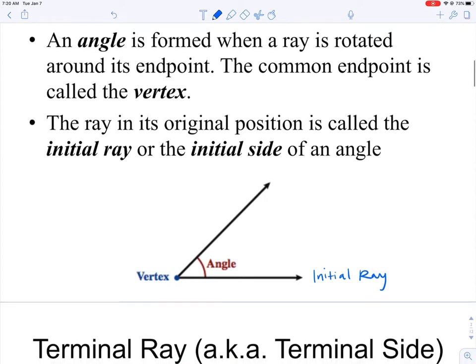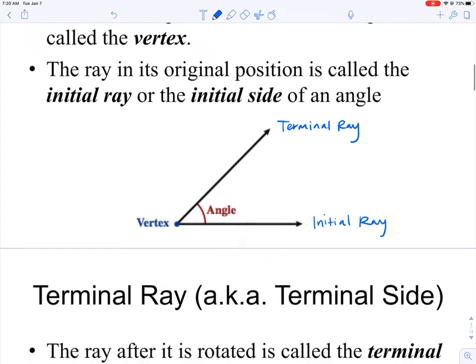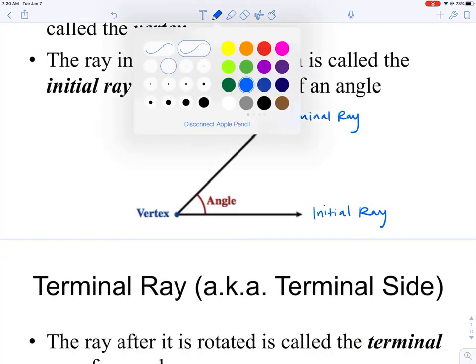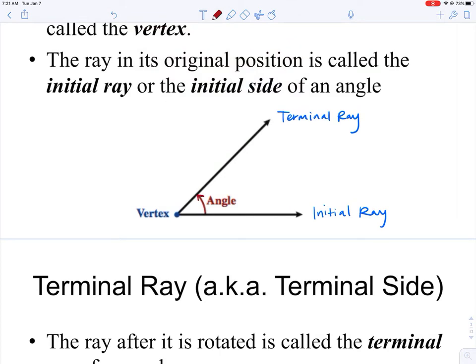And then the terminal ray, where the angle stops or terminates, is going to be this top one. And for this picture, you can't see the direction of the angle, but let's say that the angle was created from rotating that terminal ray in the counterclockwise direction.